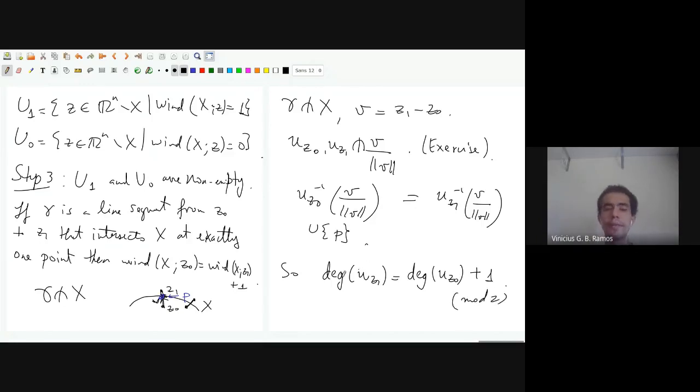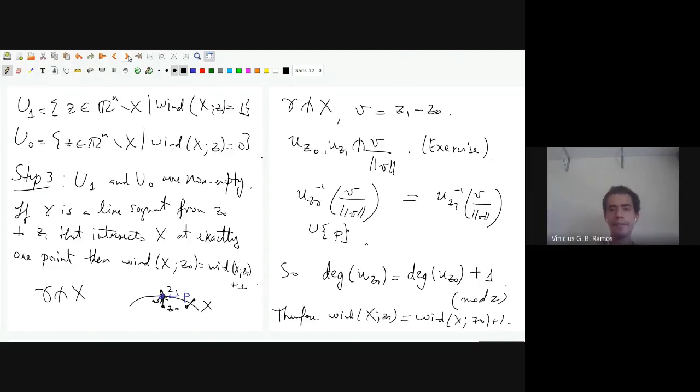And this degree is just the winding number. Therefore, the winding number of X around z1 equals the winding number of X around z0 plus 1. Okay? And that's step 3.